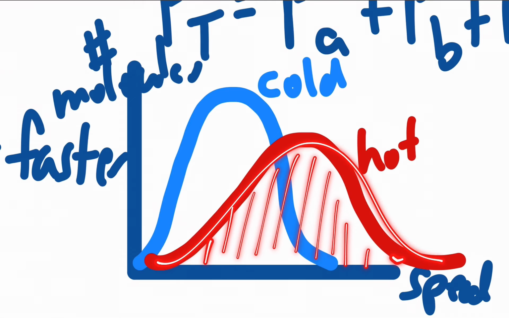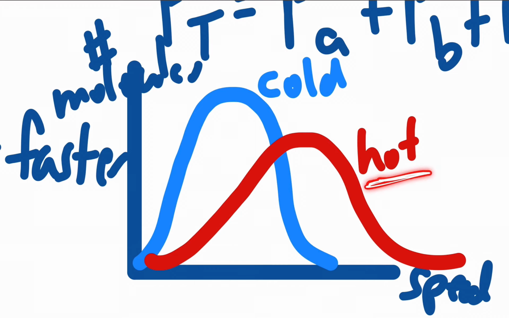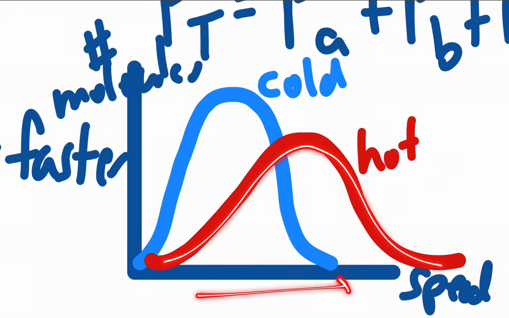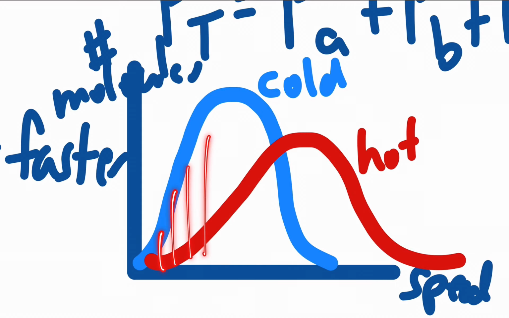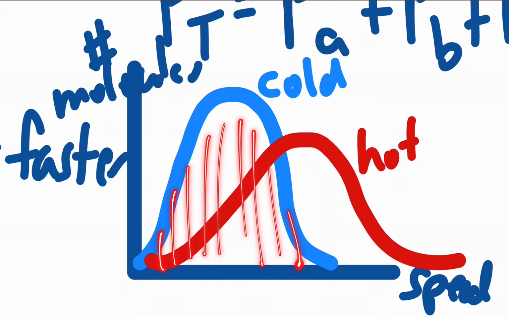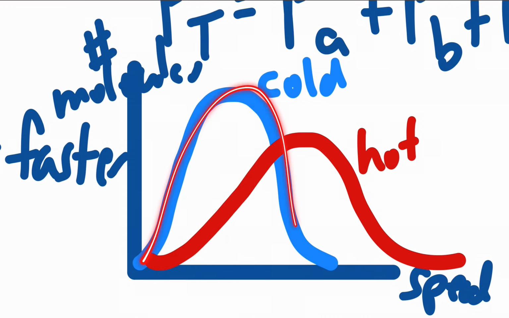They're not all going the same speed, but there's a relative average. And then at higher temperatures, you get a wider distribution of speeds and just greater speeds, as opposed to cooling a gas down. They're all lower inside this curve. They're to the left on the x-axis, and there's a narrower distribution.